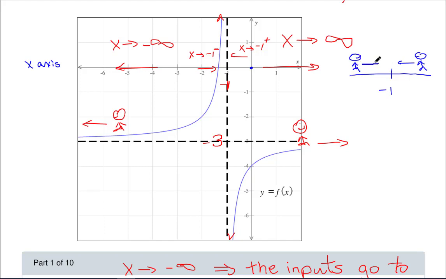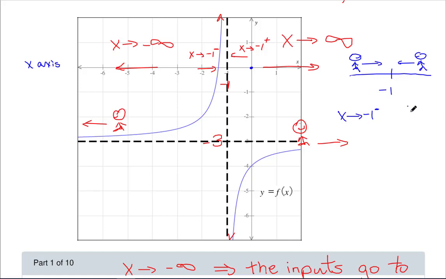So if there are two directions to head toward that place, we need a way to talk about which way is which.